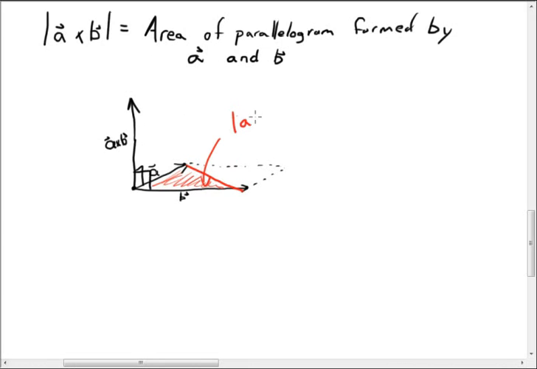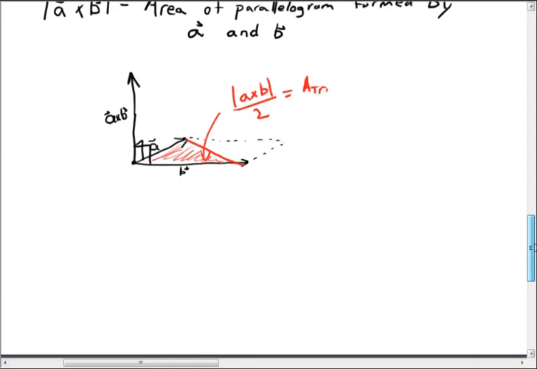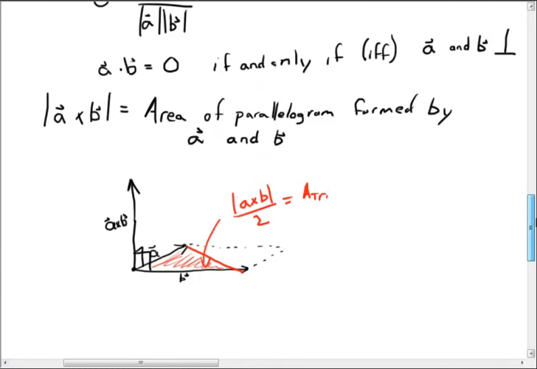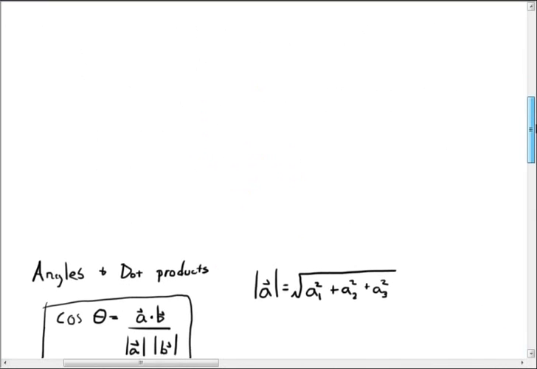So the magnitude of A cross B over 2 is equal to the area of the triangle. So this is another interesting feature of cross products, and that will show up often in linear algebra. I will now see if I can work a problem regarding this.